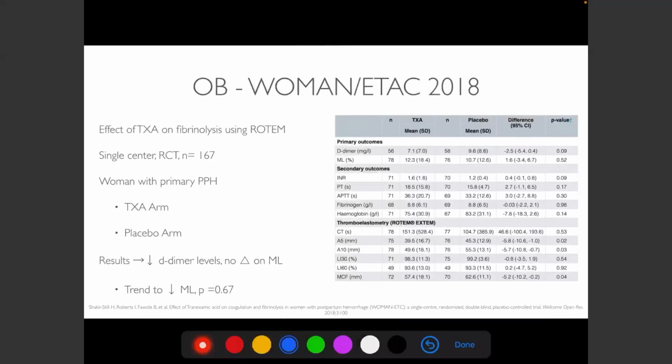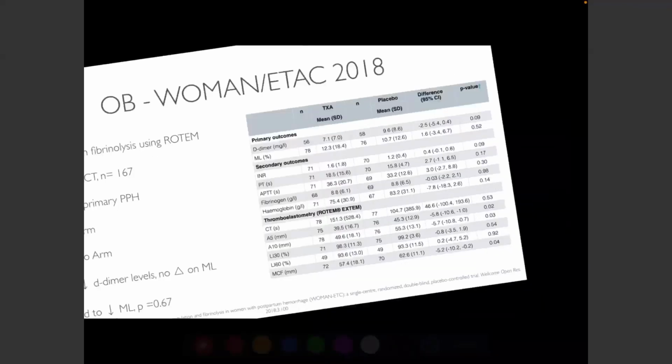It was 167 women with postpartum hemorrhage, randomized to either getting TXA or getting placebo, and they just wanted to see what it did to your Rotem values. Not the question we want, but I just wanted to summarize a lot of literature. It did show that your D-dimer levels went down when you got TXA, which we kind of knew.